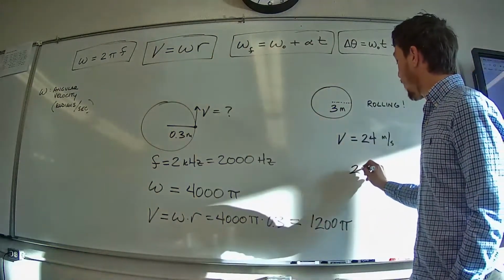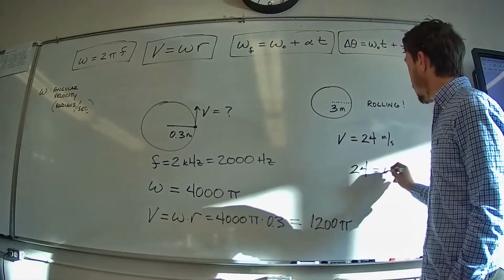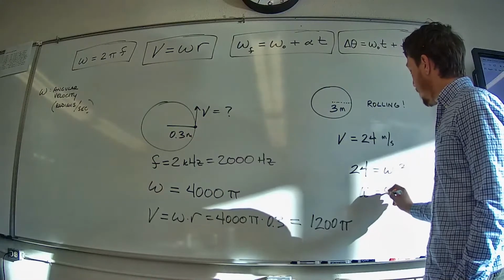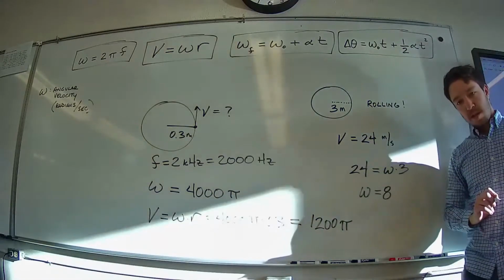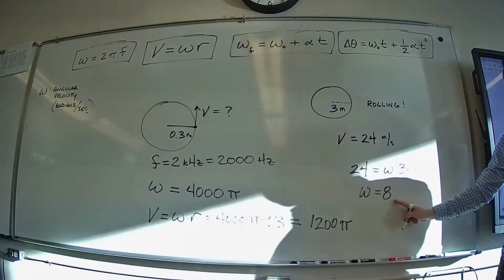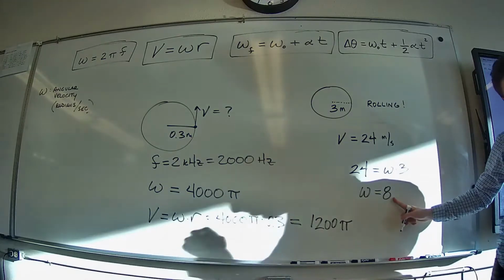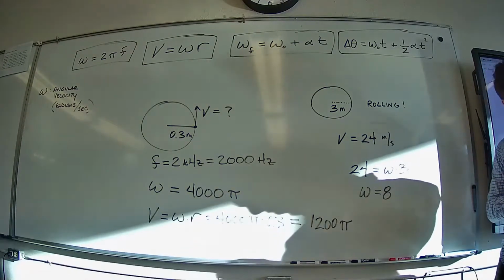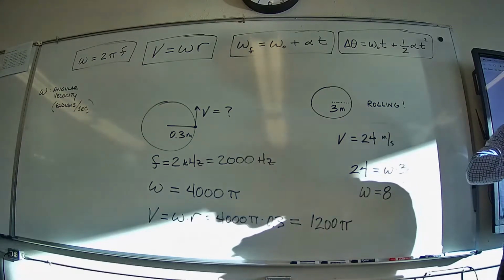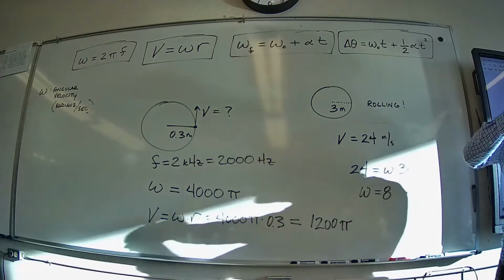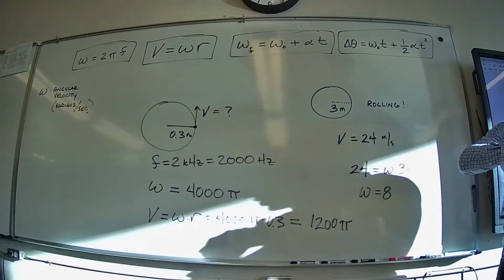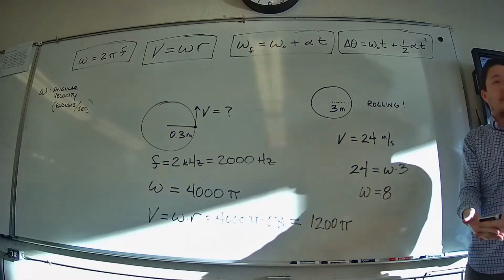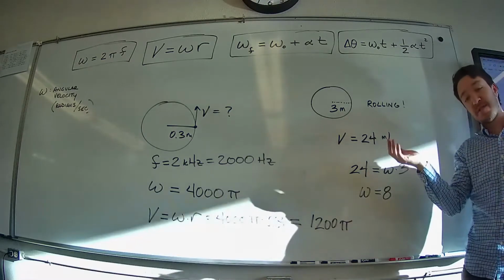So we can go 24 equals omega times 3, which means, be careful, how many rotations per second is that, roughly? Four? I knew someone would say 4. 4 was the answer if it was 8 pi radians per second, right? 8 pi is like 25-ish.